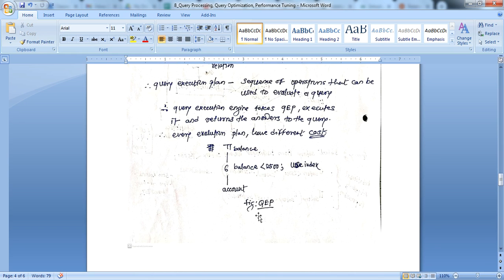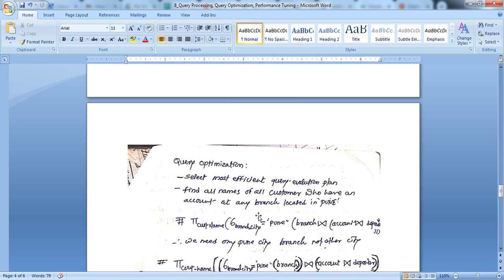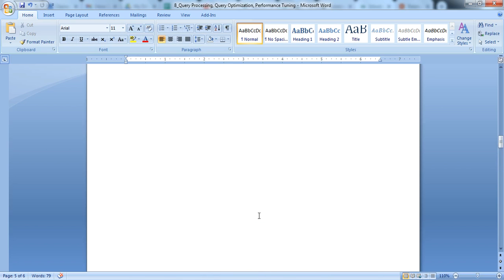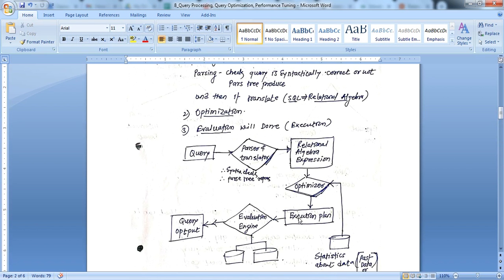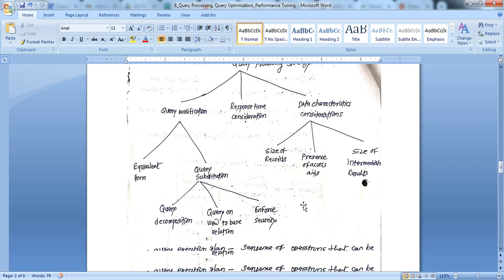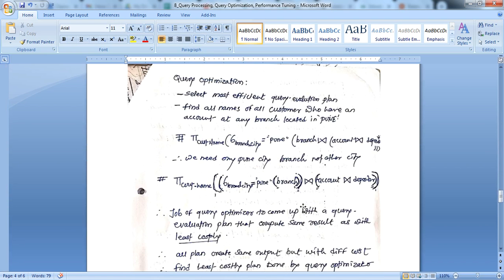Now, what does query optimization mean? Given the query execution plans, it selects the proper execution plan, then the evaluation engine evaluates it and gives the output. Before the execution plan we go with the optimizer, so we need to check what exactly the optimization or optimizer is.